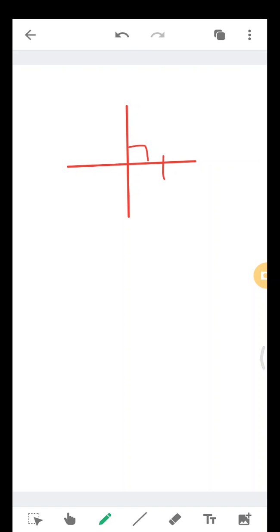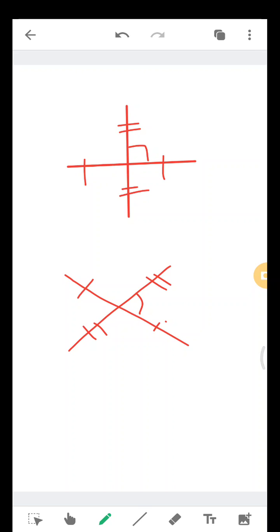The first line divides the second line, they divide each other equally. So this means they bisect each other at right angle. And if I draw two lines like this, they are not meeting at right angle, they are just bisecting each other. So we have different types of diagonals like this.